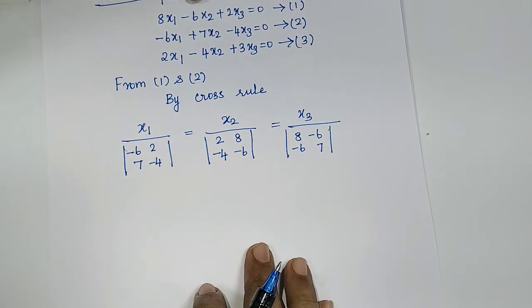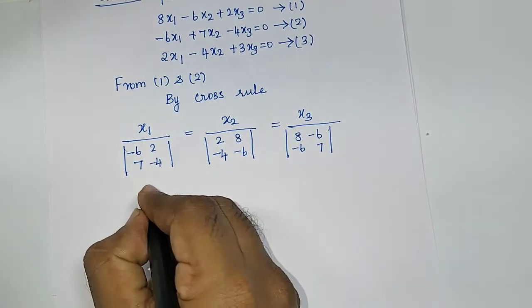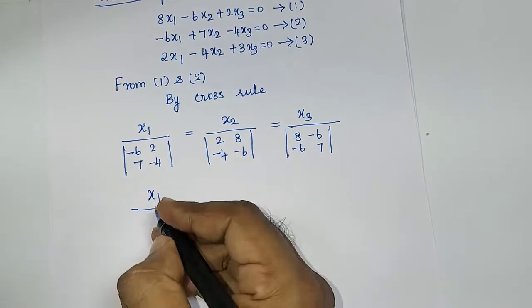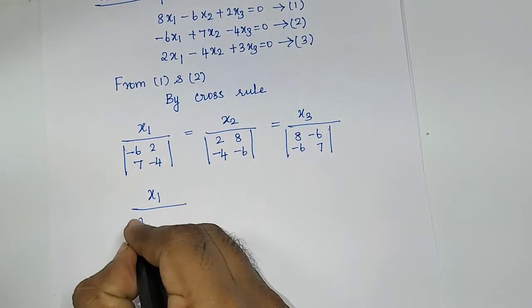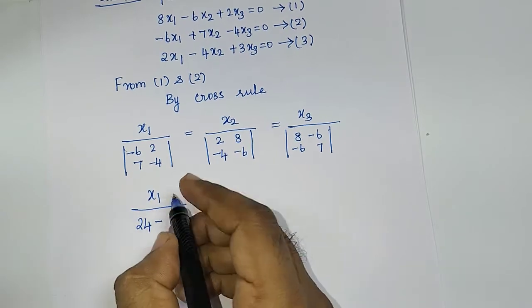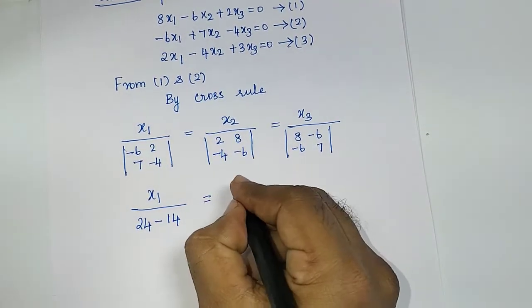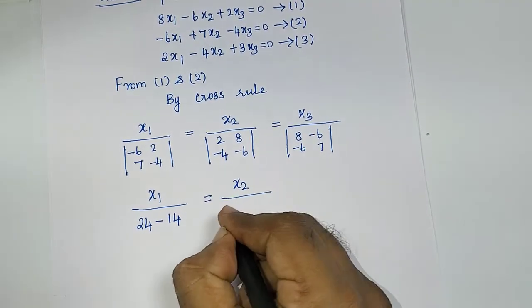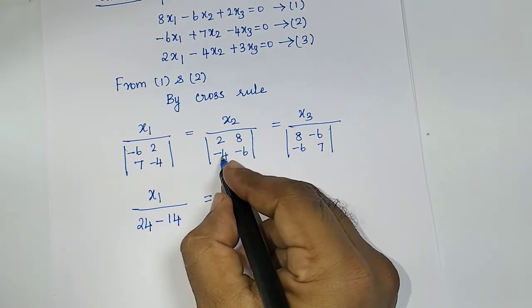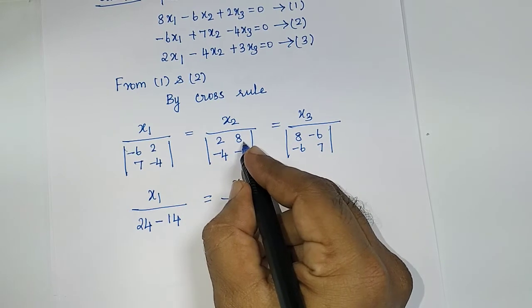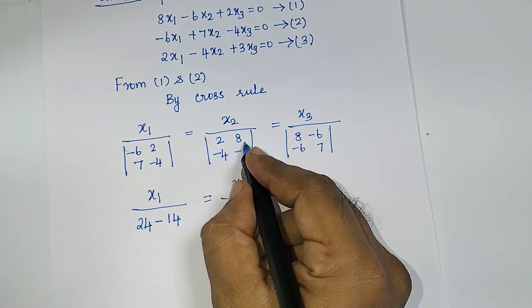And simplify this, x1 divided by minus 4 times minus, you will get plus 24, and minus of 7 into 2, 14, and is equal to x2 divided by 2 into minus 6, minus 12, minus 4 into 8, minus 32.